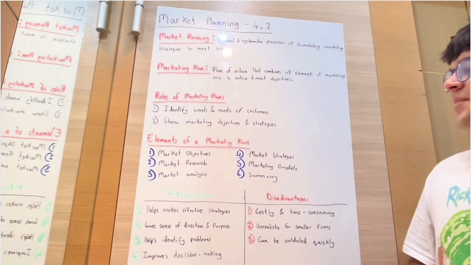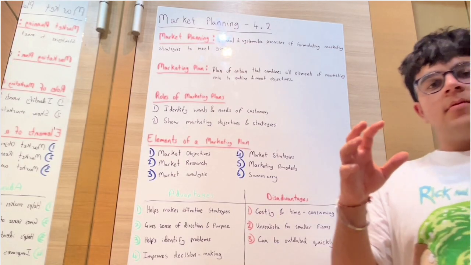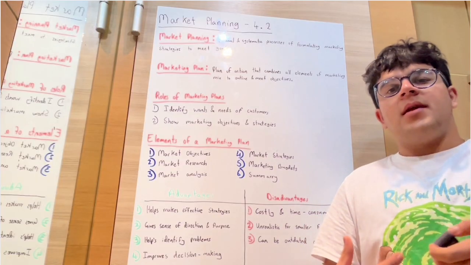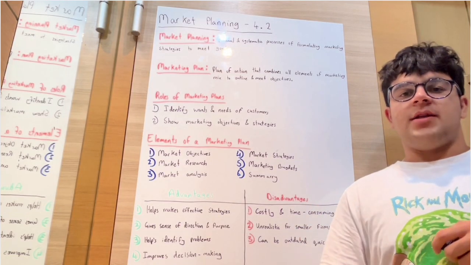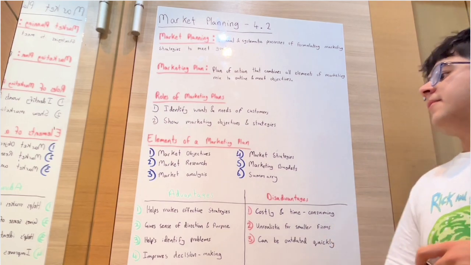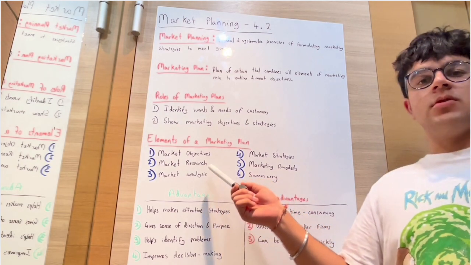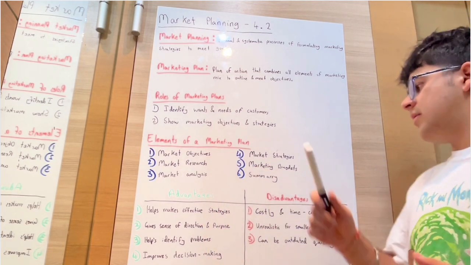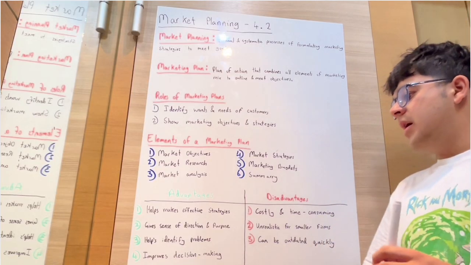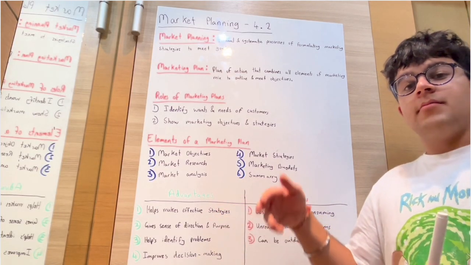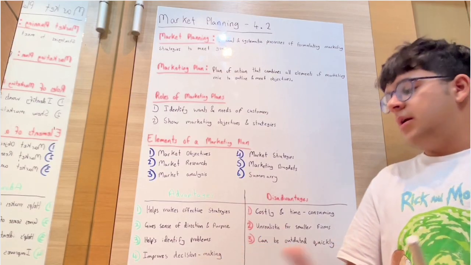An advantage is basically, at its fundamental core, a marketing plan helps you make effective strategies. This is because it fully outlines all the research, analyzes all the research, outlines all strategies, and evaluates everything to give you an effective strategy and help you succeed.